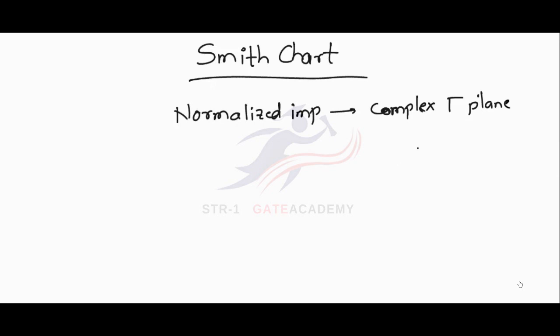Okay, before that, normalized impedance. We know that any impedance divided by the characteristic impedance is called the normalized impedance. So in general, Z bar is given by Z divided by Z naught. This is equal to, in general, R plus jX.